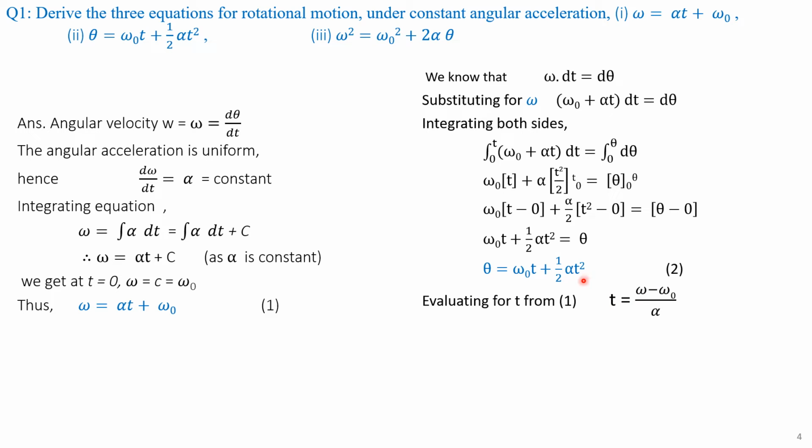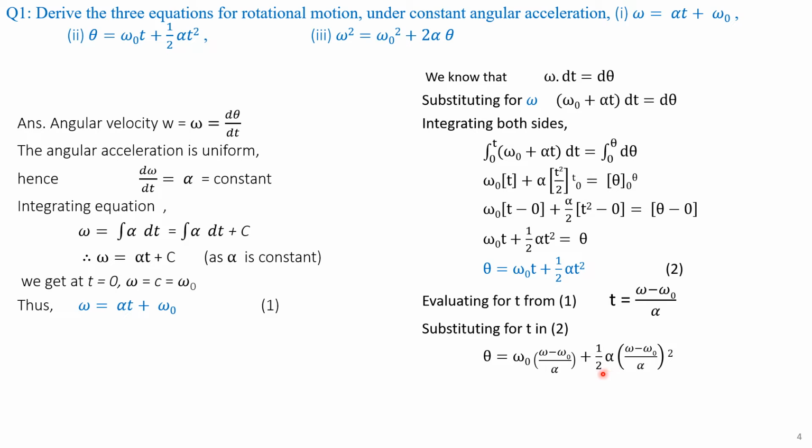Now we will proceed to derive the third equation of rotational motion. Evaluating for t from equation 1, we get t is equal to omega minus omega naught over alpha. Substituting the value of t equals omega minus omega naught over alpha in equation 2, we get theta is equal to omega naught into omega minus omega naught over alpha plus half of alpha into omega minus omega naught over alpha whole square.